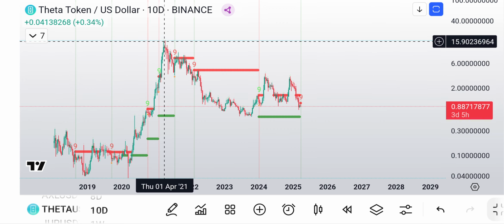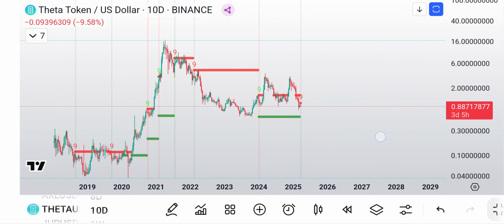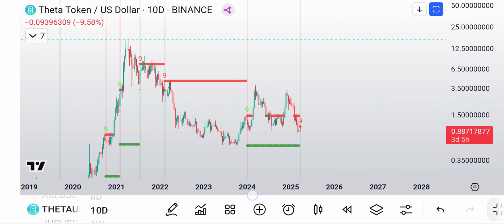What's really interesting as well is that this is a 1 year three-way pullback from March 2024 all the way to March 2025. That's a 1 year three-way pullback.